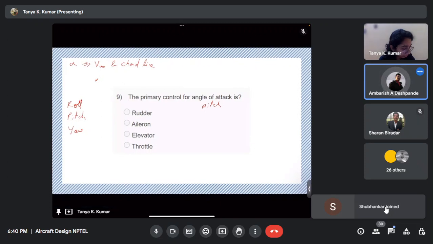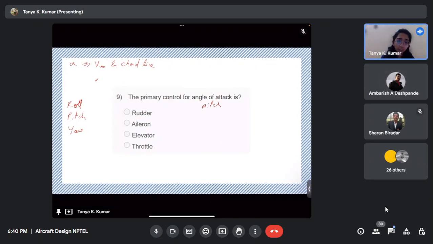The question should have been primary control for pitch, and that would still be elevator, right? Yes. So it will just be added by the pitch.